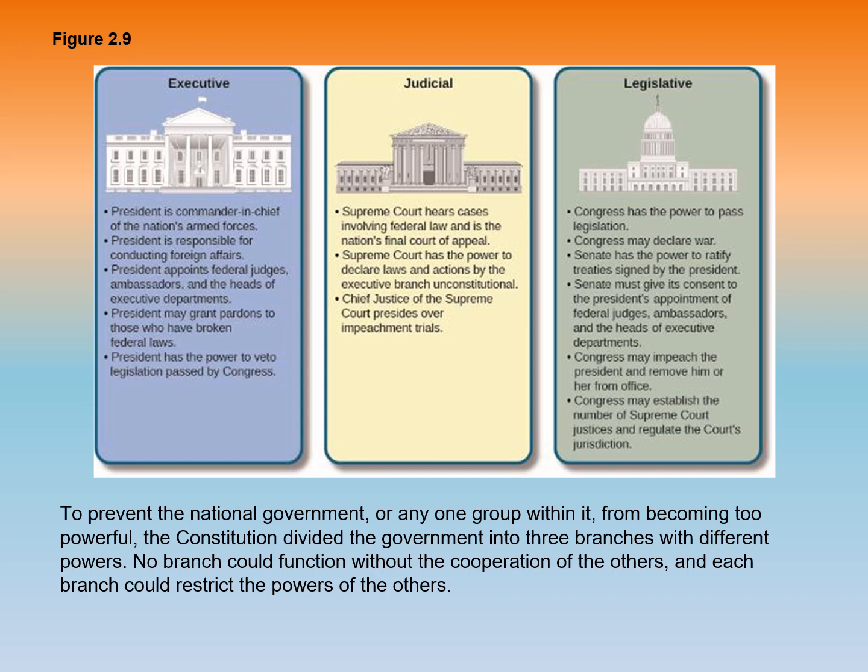Then you have the legislative branch, which is Congress, and its powers to pass legislation, declare war, the Senate to ratify treaties, advise and consent to the president's appointments, impeachment proceedings, things like that. And then you have this newly created branch of government, which is known as the judicial branch.